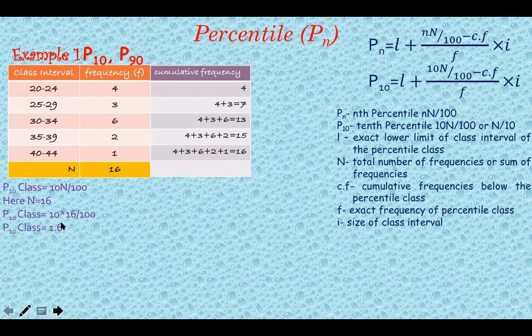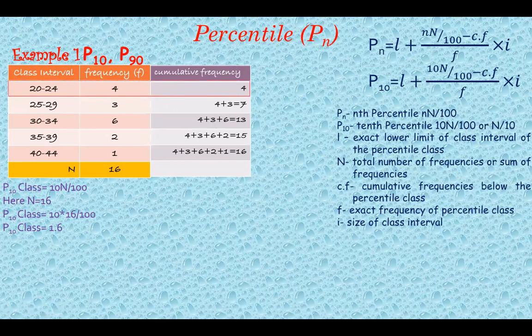This means the class interval having the cumulative frequency 1.6 or greater than 1.6 will be the class interval where the 10th percentile lies. Here the first class interval has frequency 4, so obviously cumulative frequency 1.6 lies in this class interval. So this is the class interval where our 10th percentile lies.